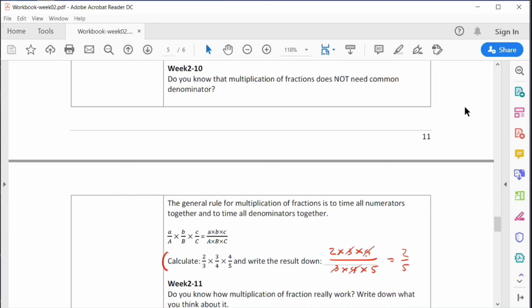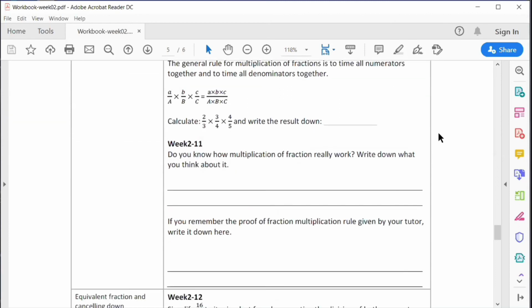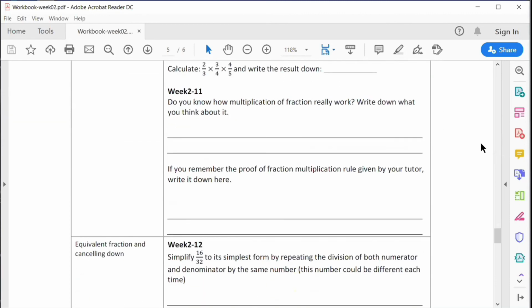All right. Now question 11. Do you know how multiplication of fractions really works? And write what you think about it. So basically, if some people ask you how it really works, or if you don't want to do this one, that's okay, but the next bit is a bit of a challenge.